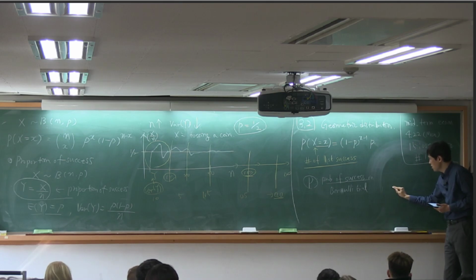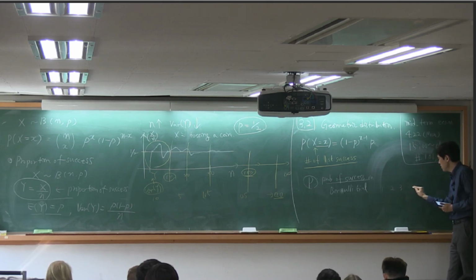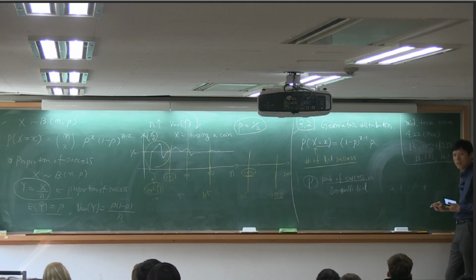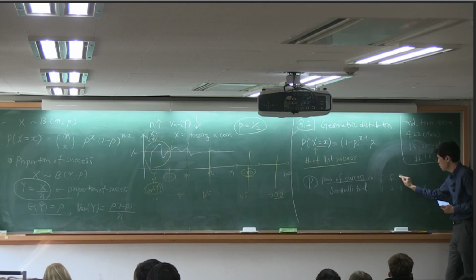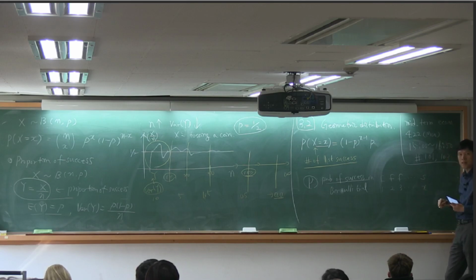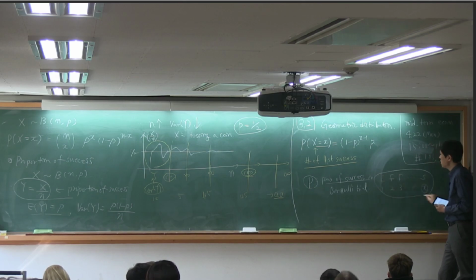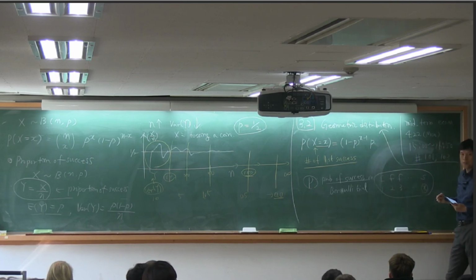First trial, second trial, third trial, and x trial. The first trial is a fail, the second trial is also a fail, the third trial is a fail, until the success. The only success is at the x-th trial. This is a geometric distribution.